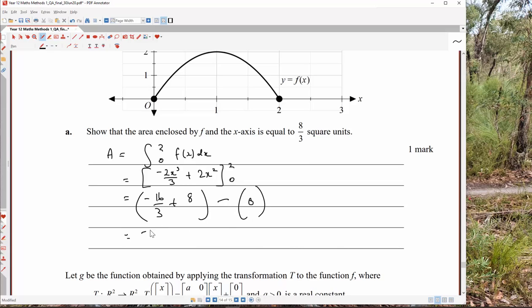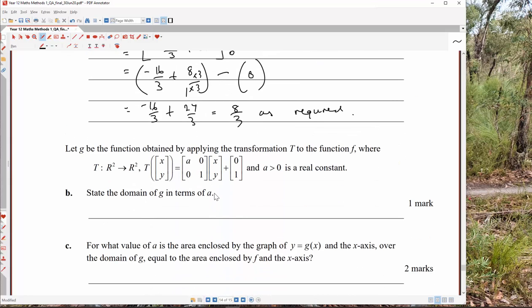Okay, so this is going to be negative 16 on 3 plus 24 on 3, which is 8 on 3, as required.